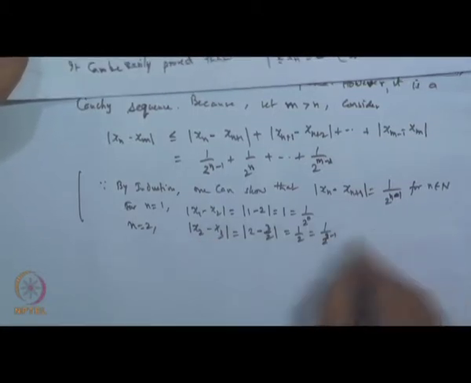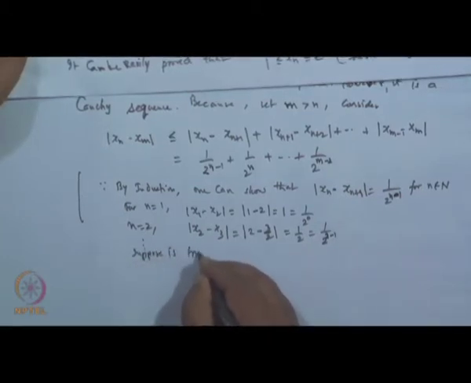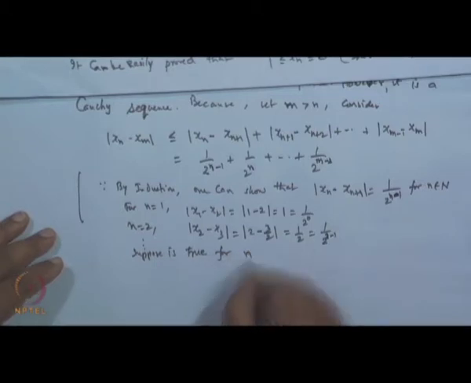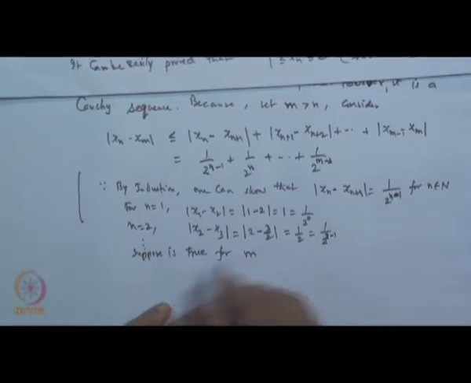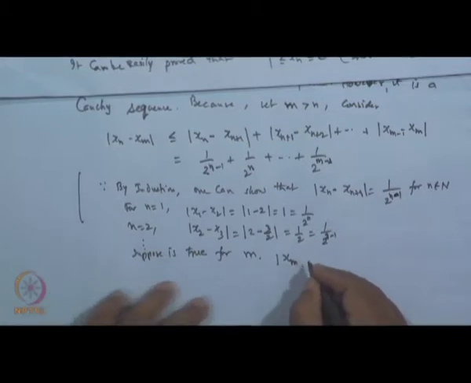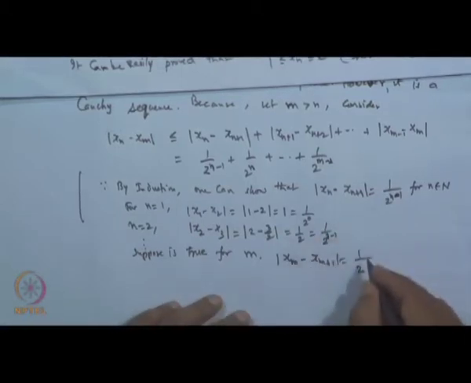So, suppose this is true for n. Suppose it is true for n, then what we get is, taking mod of x n minus x n plus 1, this is given to be 1 by 2 to the power n minus 1.